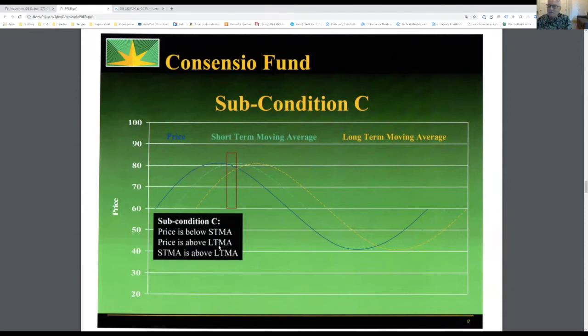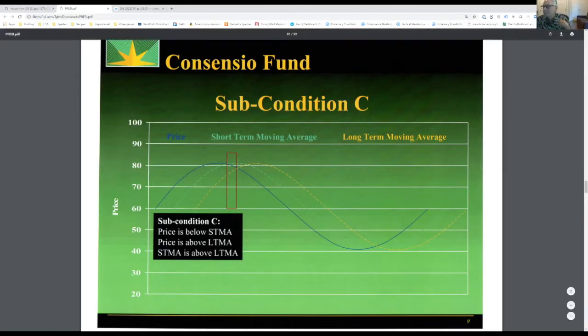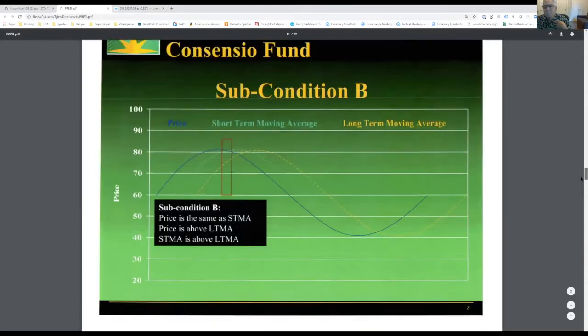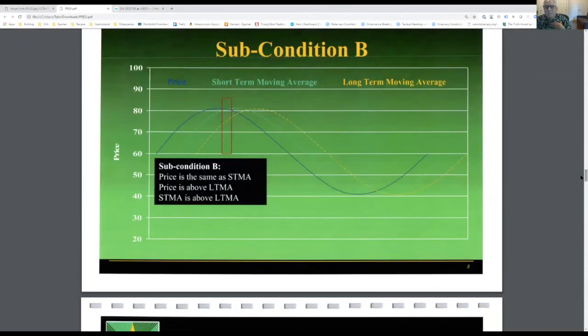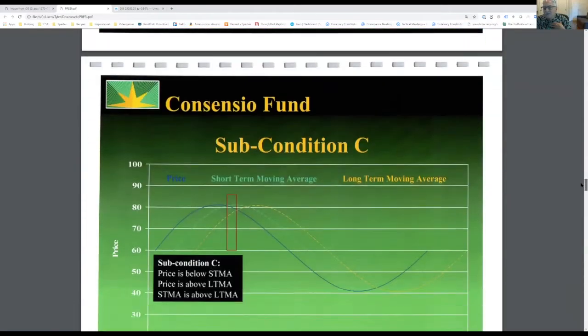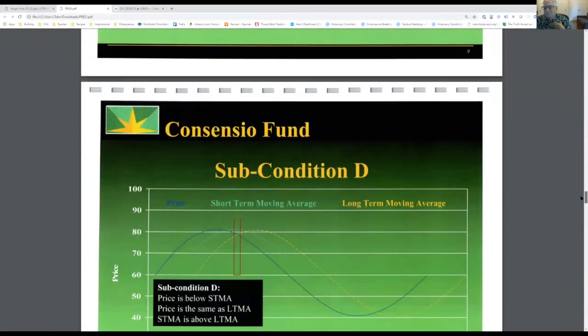Price is still above the long-term moving average, and the short-term moving average is still above the long-term moving average. So just at one point in time, you had that point A. Now you're in point B and then point C. Point B, they touch. Point C, they cross.